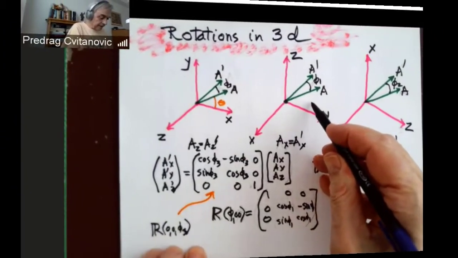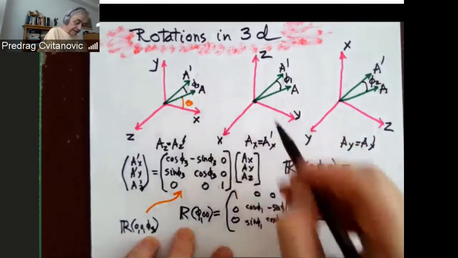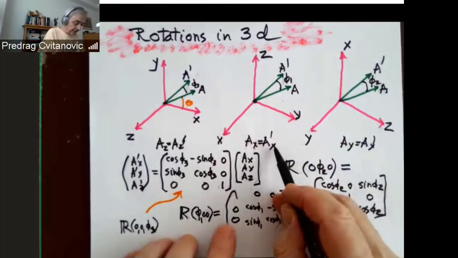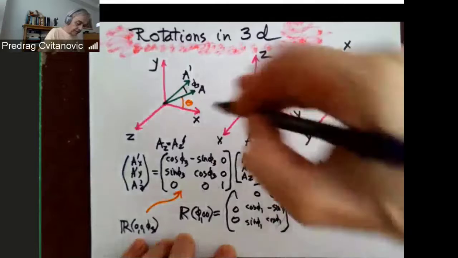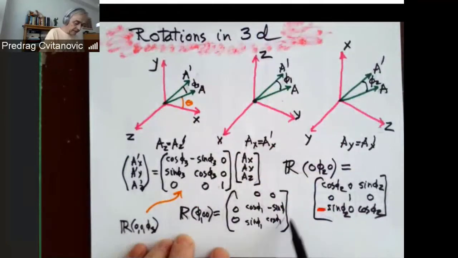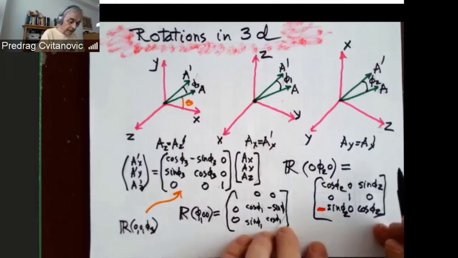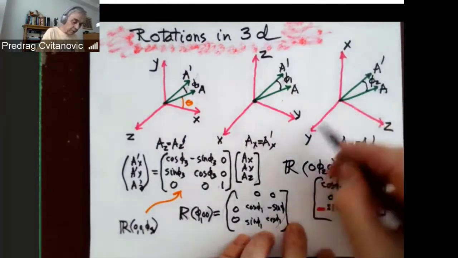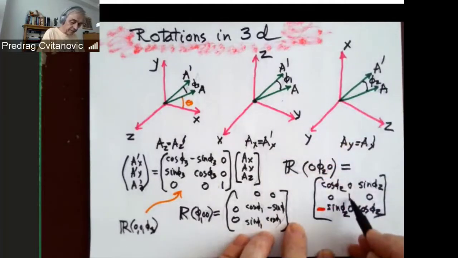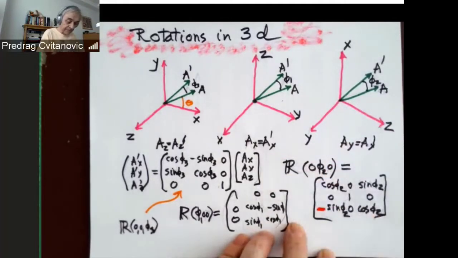Wash, rinse, and repeat. In this case, we don't touch x-axis. We rotate by angle phi 1, which is in a yz plane, and we describe it by the usual 2-dimensional rotation. And in the 3rd case, we don't touch anything that's pointing in the y direction. So that's just multiplied by 1.